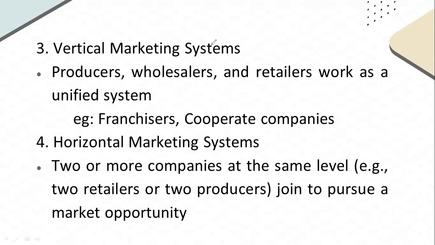The product goes from the producer to the wholesaler, then wholesaler to the retailer, then the retailer to the customer. This typical marketing channel we call a marketing system, right? Most of the franchises and corporate companies are examples of vertical marketing systems.